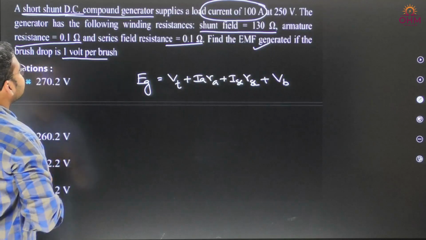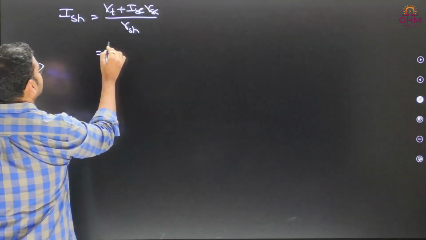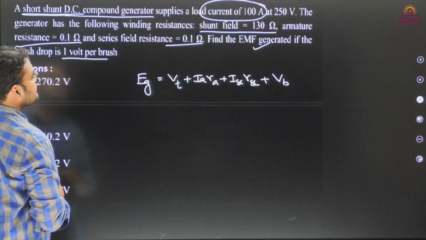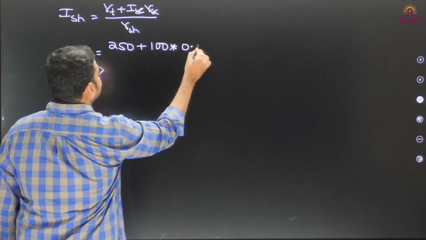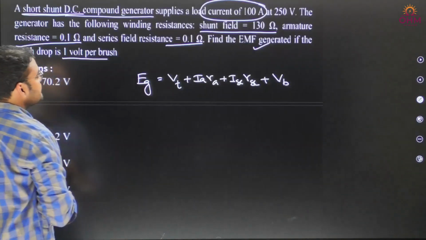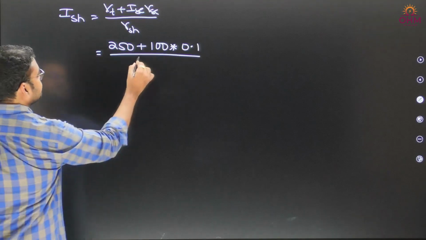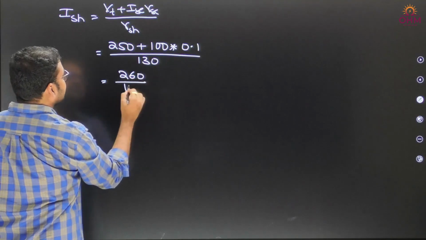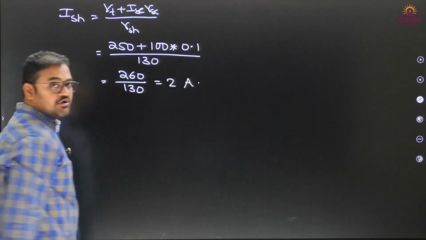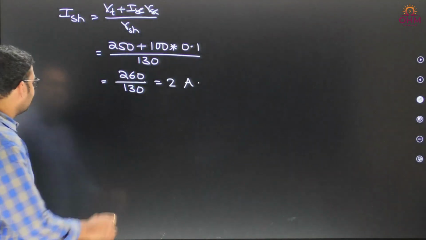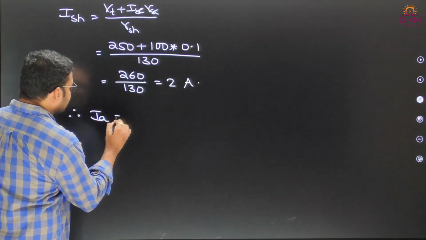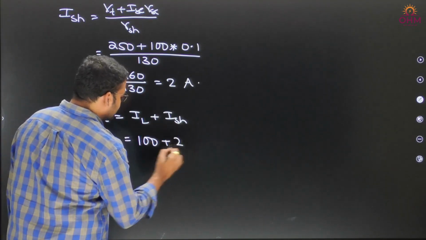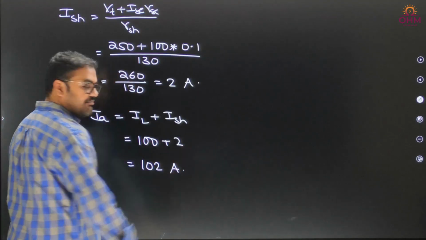Vt is 250 plus ISE and IL are the same, 100, times series resistance 0.1 ohm, divided by shunt resistance 130 ohm. So 100 into 0.1 is 10, 250 plus 10 is 260, by 130, this is 2 ampere. 2 ampere will go to the shunt field. Then how much will go to armature? Armature current is equal to load current plus shunt field current. 100 plus 2, therefore armature current is 102 ampere.